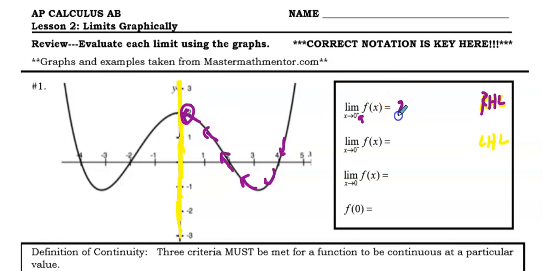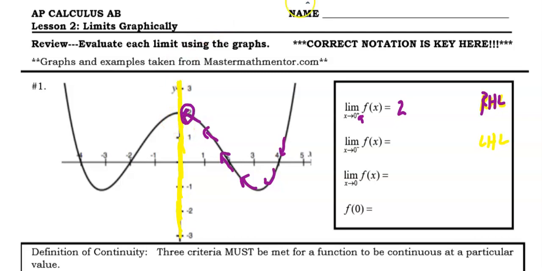So the limit as x approaches 0 from the right of our function f of x, our graph, is equal to 2. This is saying that as x approaches 0 from the right, the corresponding y value is getting close to 2. It doesn't have to be exactly 2, but we're getting really close. We're approaching 2 from the right.